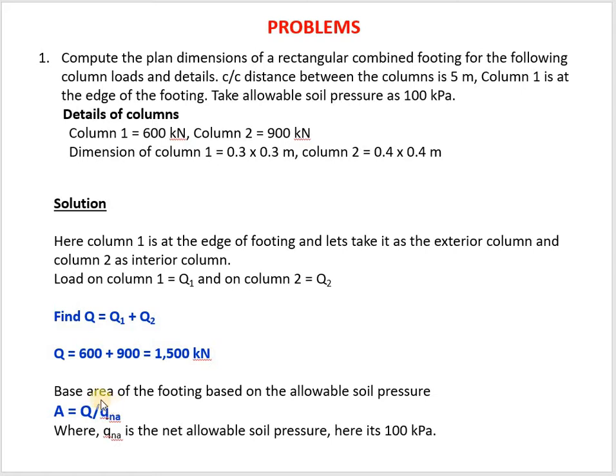So from the net allowable pressure you find the area as Q by q_na. You know that net allowable pressure is load by area, so you find the area using this expression, Q by small q_na, where small q_na is the net allowable soil pressure, and here it is 100 kPa.